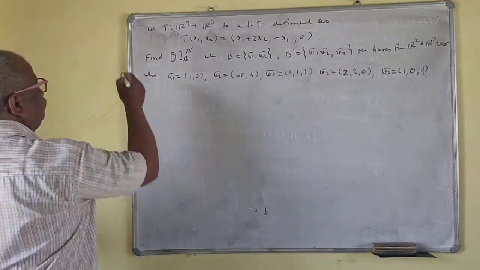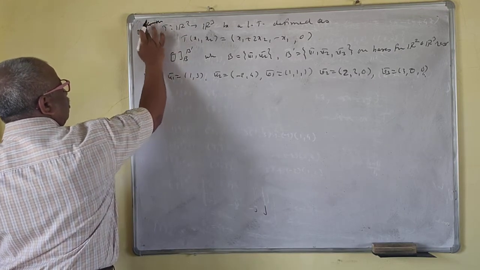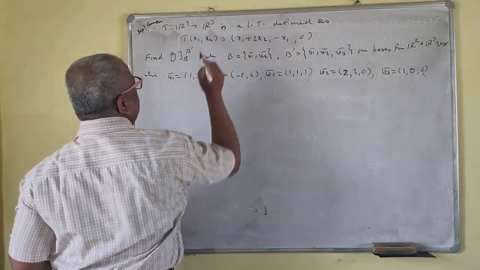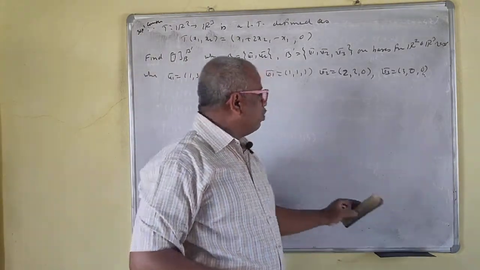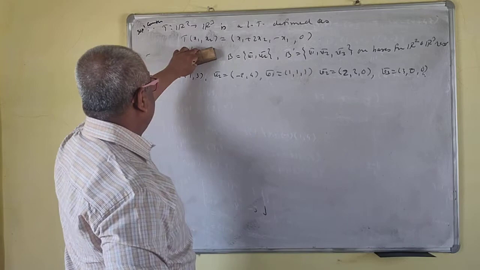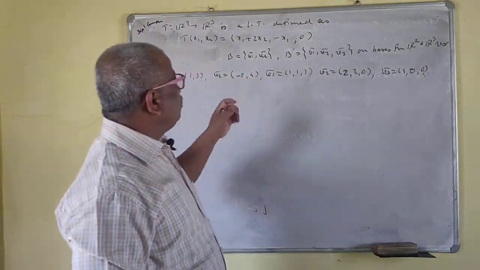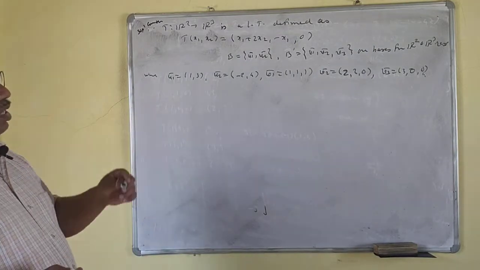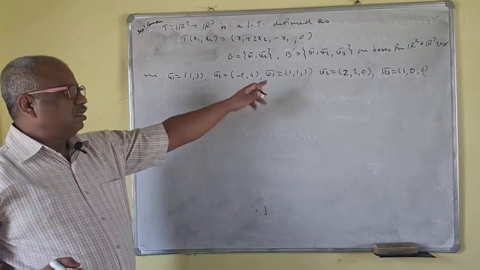Solution. Given that T is a linear transformation, we'll erase only the find. B is equal to this, B prime is equal to this, are the bases for R2 and R3 respectively, where this.